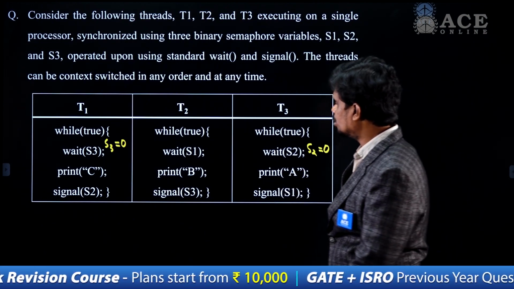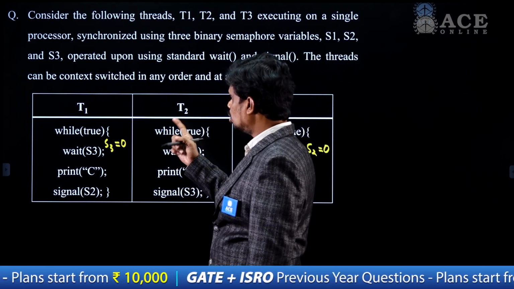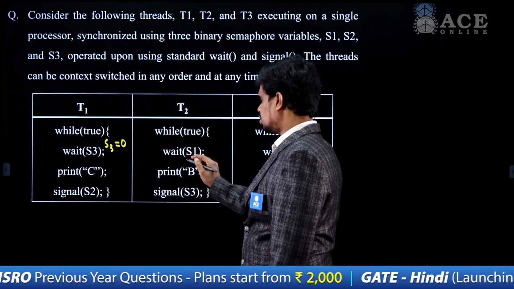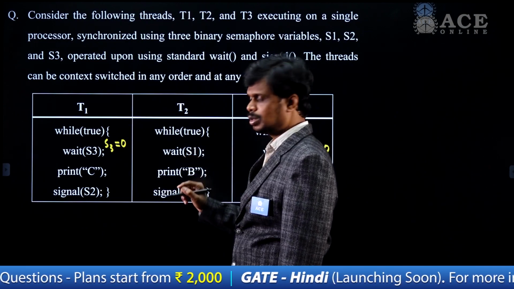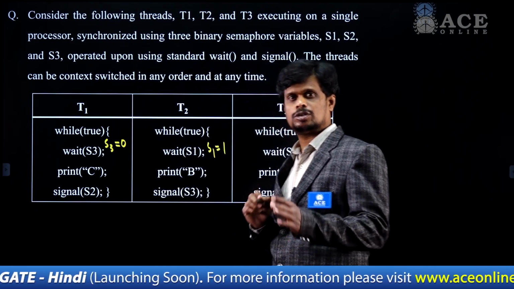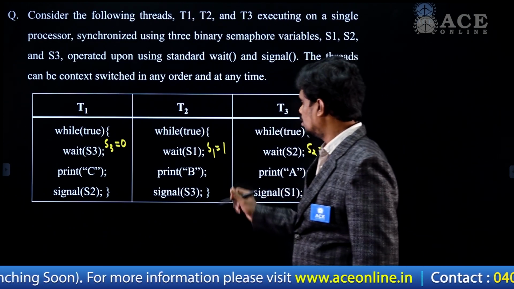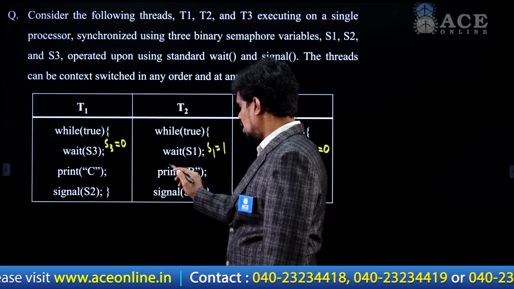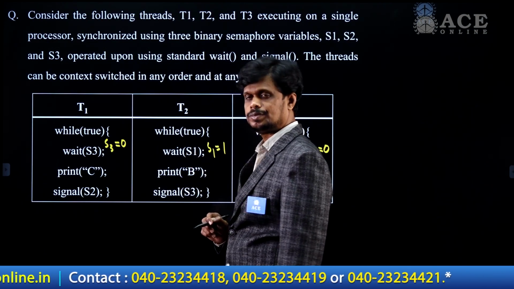But when it comes to T2, since the output string is asking to print B first, compulsorily this S1 value should not be 0, it should be something like 1. When it is not 0, this wait operation can be successful and then it can print B.